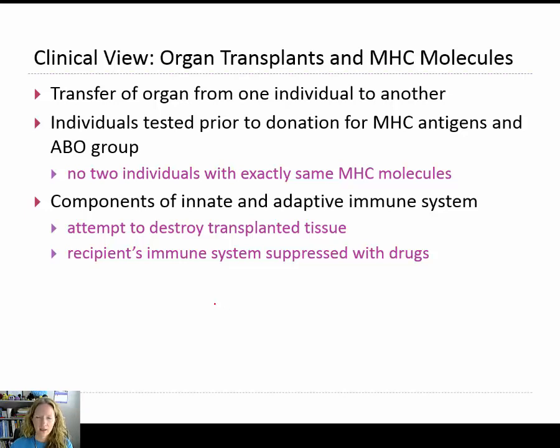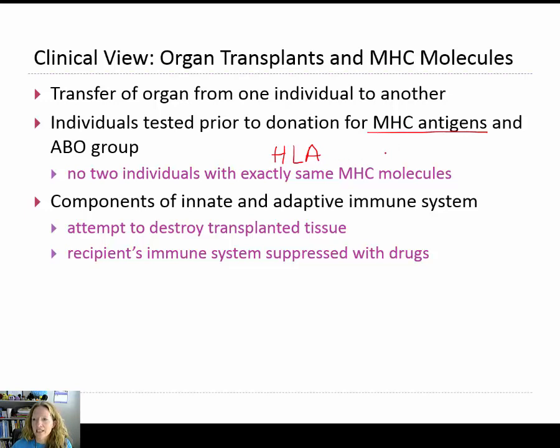So that's kind of interesting. But any other organ, they have to be matched. And what I mean by matched is not only does the blood type have to match, but so do those MHCs. Specifically, what they look for are called HLAs. They're human leukocyte antigens. So they are going to be these MHCs specific to humans.